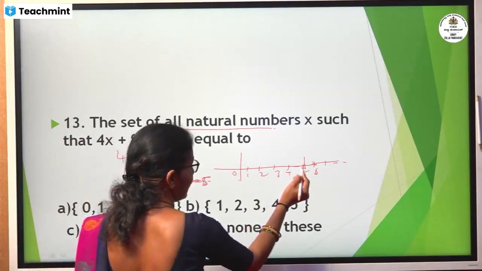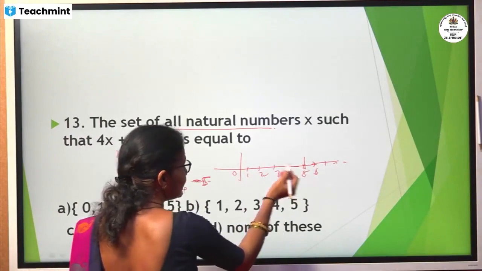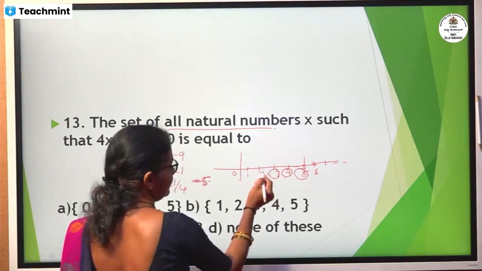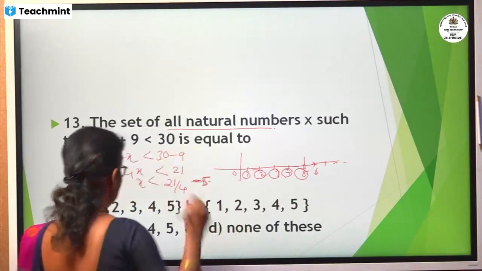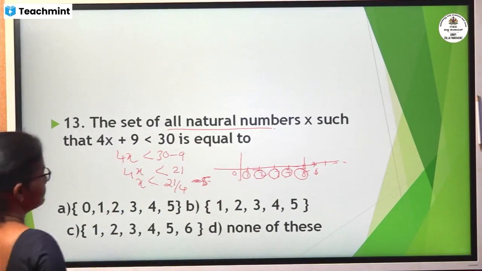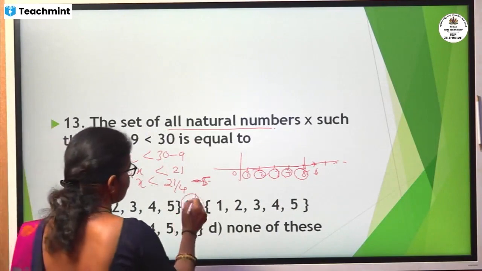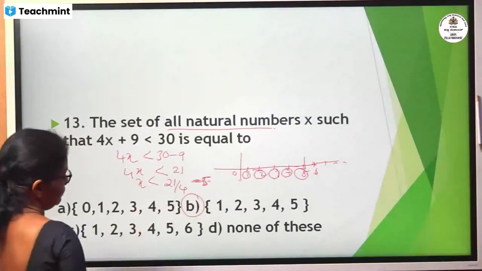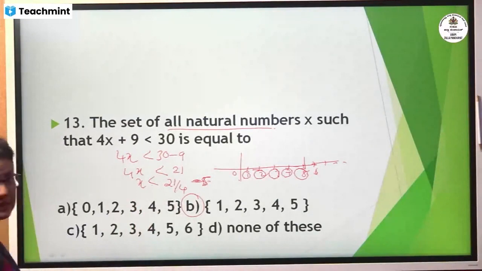So the natural numbers lying within this condition are 5, 4, 3, 2 and 1. 1, 2, 3, 4, 5. This should be the answer. If you check with the options, option B holds good, x less than 21 by 4. Right? So the answer is B.